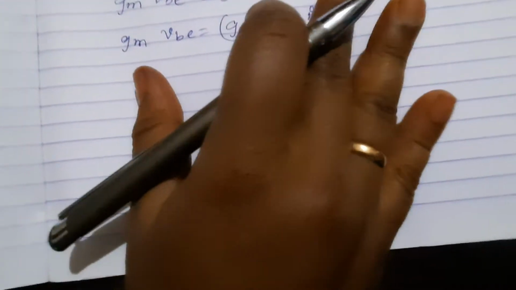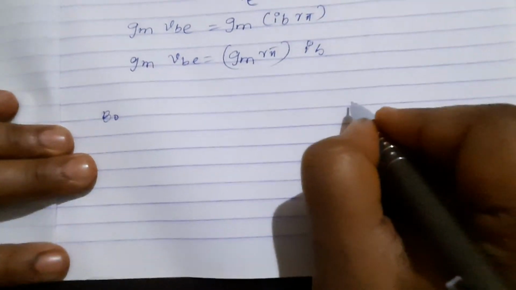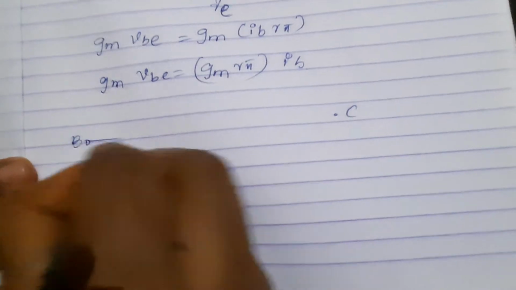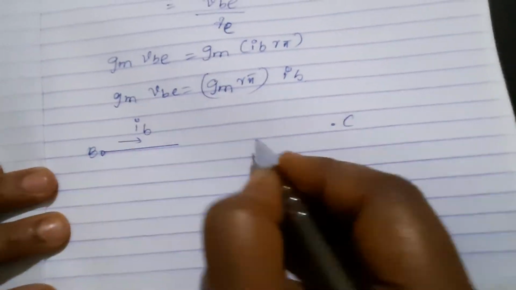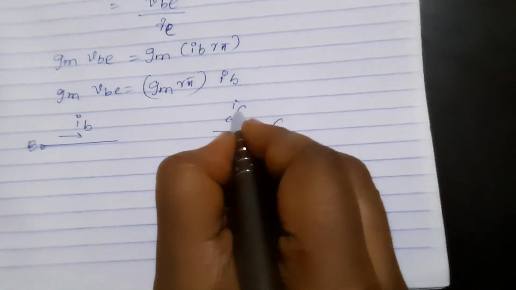Now I will draw the hybrid pi model. Here I'll have the base, this is my collector, and this is my emitter. From the base I'll have the current IB. From the collector I'll have the current IC.